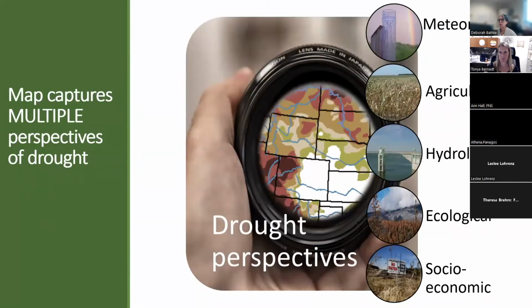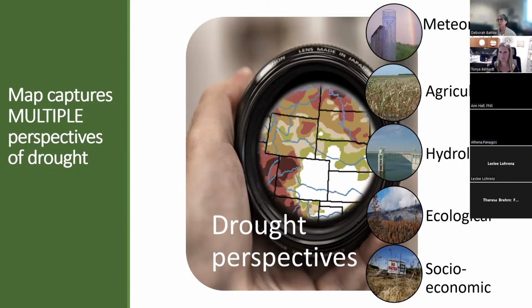So with the U.S. Drought Monitor and that single map, we try and capture all of these different perspectives of drought. At least that's what I like to call them. So drought means different things to different people. These perspectives are meteorological drought, so based on just the actual amount of rain and the weather conditions.